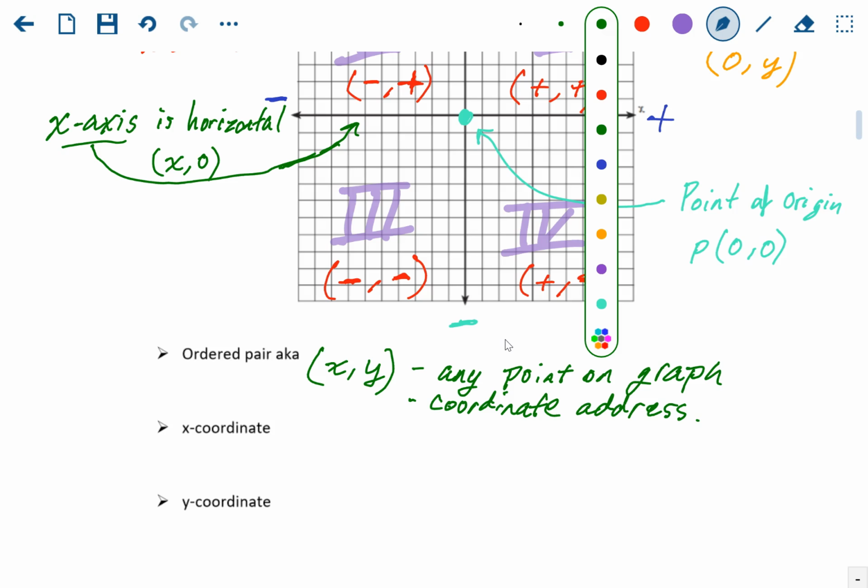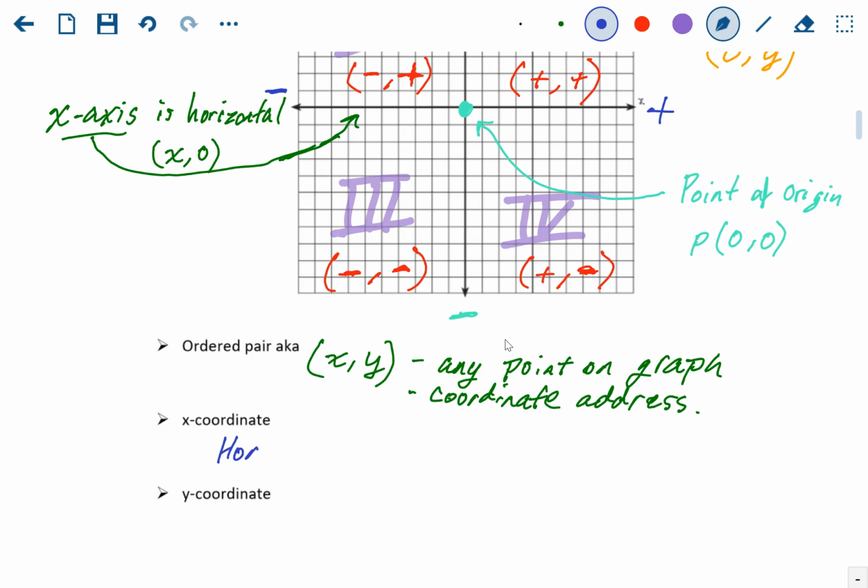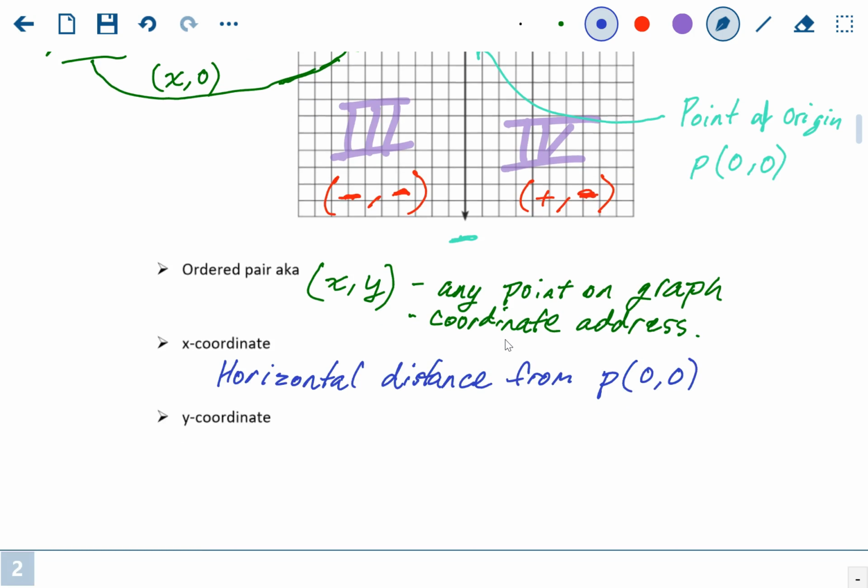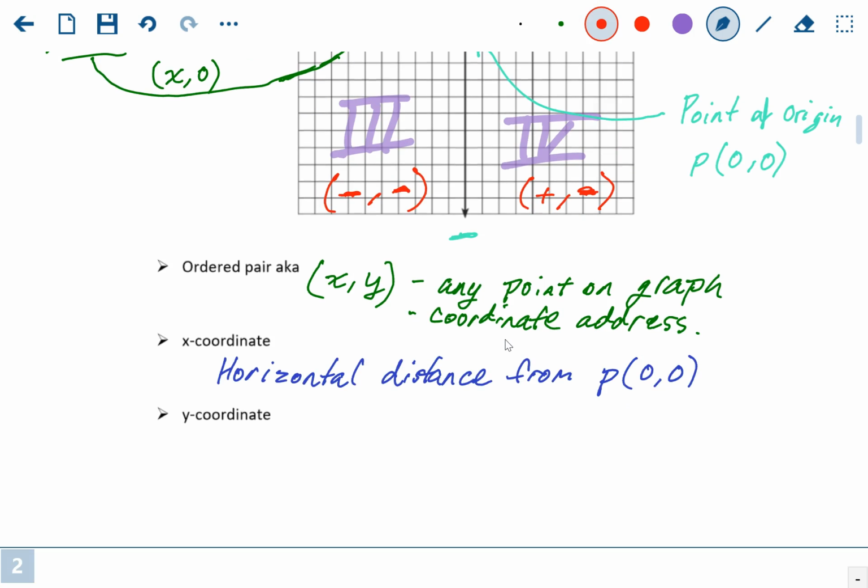The x-coordinate of an ordered pair is the horizontal distance from the point of origin, 0, 0. And then the y-coordinate is your vertical distance from the point of origin. Again, all that should be a review. Should be familiar with all of that except maybe the mapping diagram.